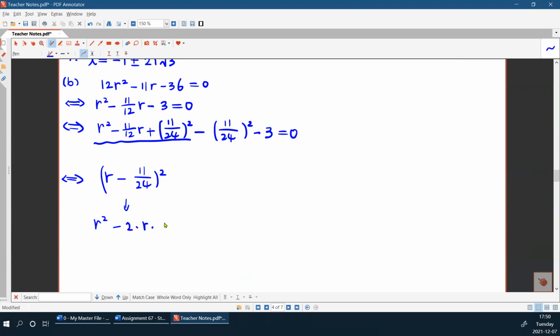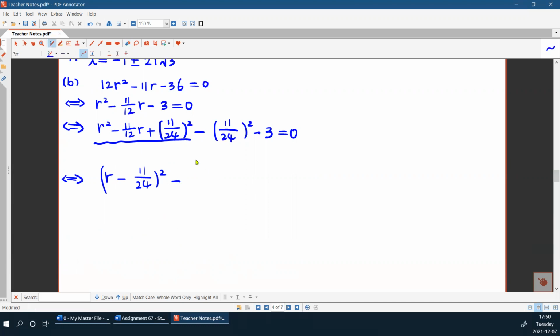So 2r times 11 over 24, which is 11 over 12 r, which is the term in the middle, right? And then 11 over 24 squared. So this is exactly the same as the first part of the equation above. So that means the completing square method here is correct.